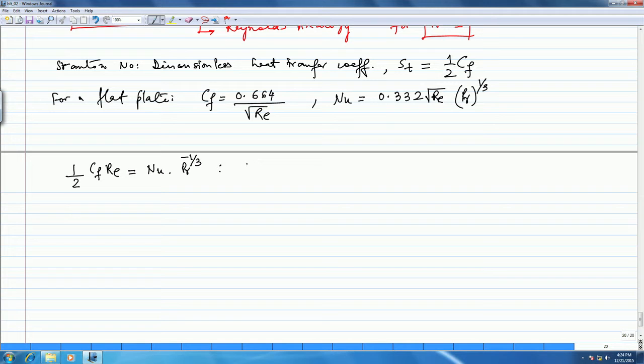So this is essentially the modified Reynolds analogy, or well, it's named after people, so might as well write them.